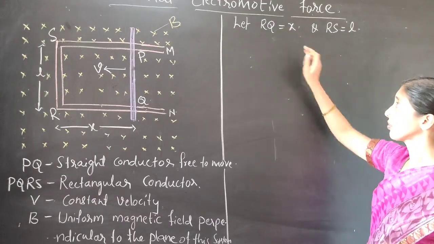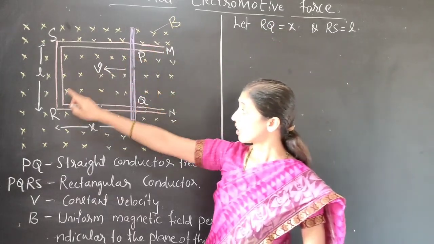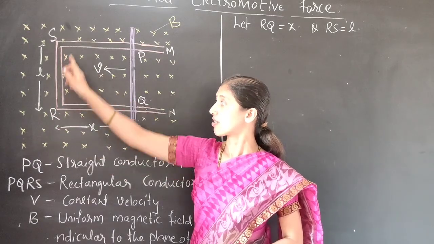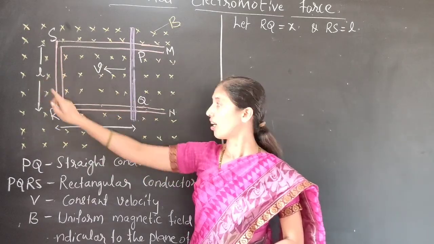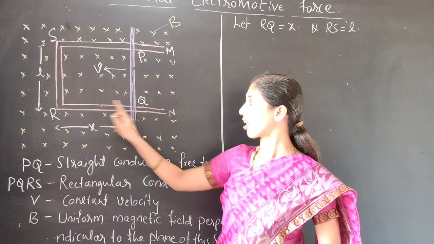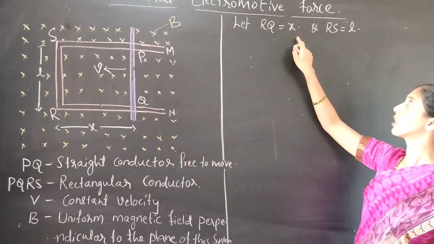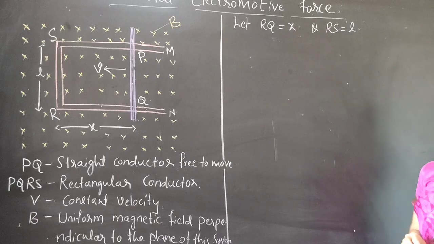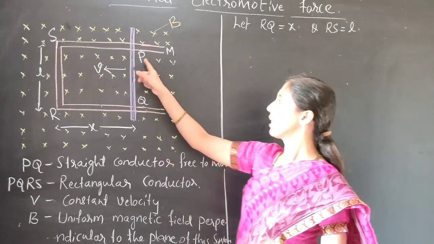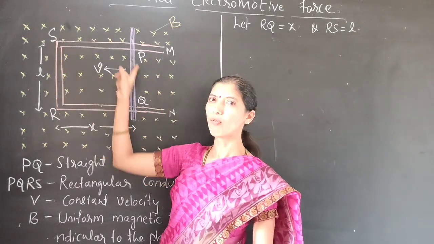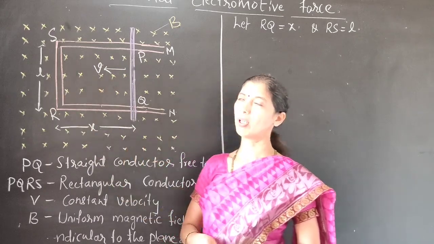Let us consider this distance RS as L and this distance RQ as x. So let RQ be equal to x and RS be equal to L. PQRS now forms a closed loop.